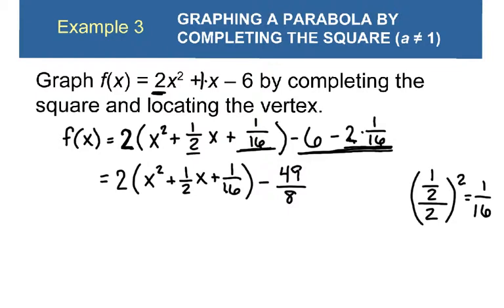Now let's factor what's inside our parentheses. And like I said, whenever we complete the square, what's going to be inside these parentheses is always a perfect square. So in perfect squares, always just write your x term here, just 1x this time, and then take the square root of this value.